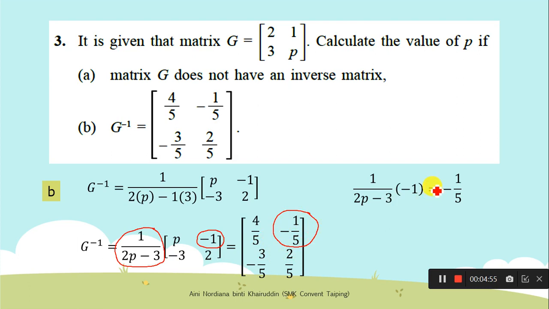So why do we do this? Because we want to calculate the value of P. Okay, so the value of P is 4. Actually, you can multiply this with any element, equal to the corresponding element on this side.